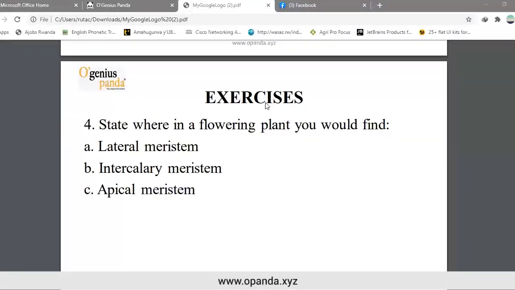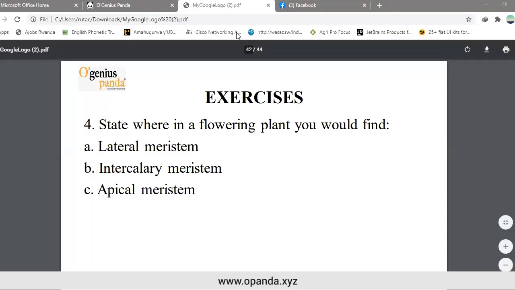Okay, state where in the flowering plant you would find lateral meristem, intercalary meristem, apical meristem. Each A, B, C is found where? Where can we find lateral meristem in the flowering plants? Yes, two people raise their hand.